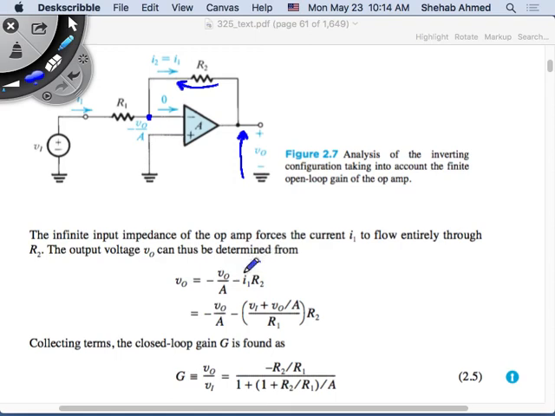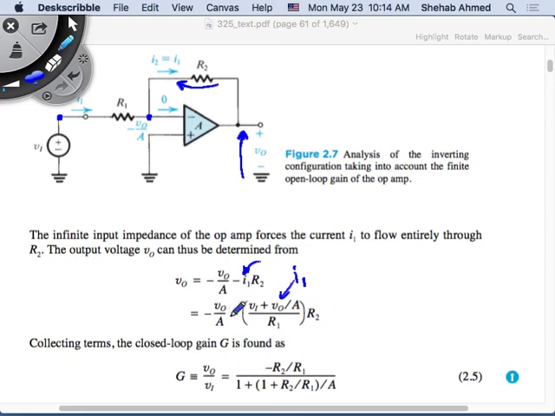I've calculated I1 from the difference in voltage between VI and minus V naught over A. I substituted my calculation for I1 from before, which was VI minus V output over A, divided by R1, and multiplied by R2.